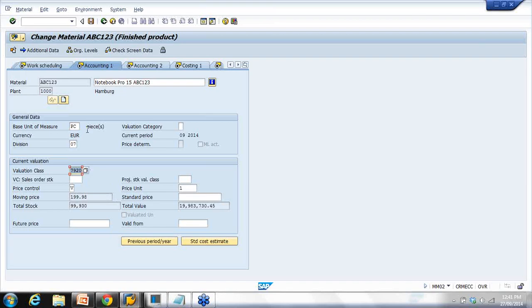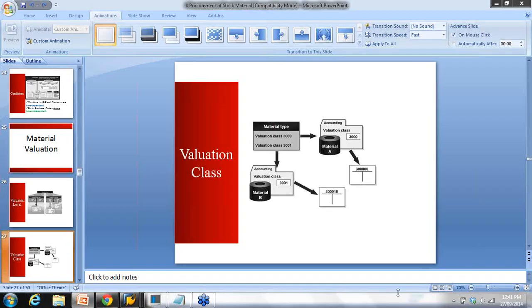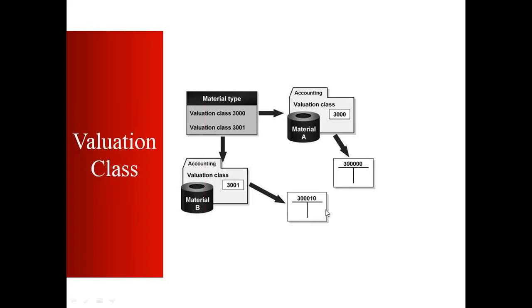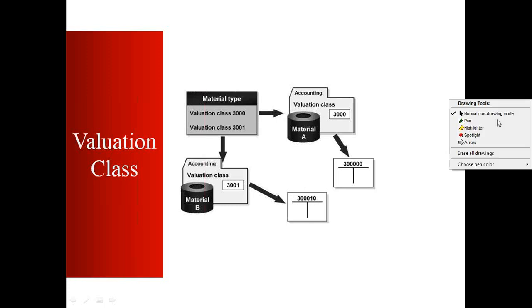Okay, so the only purpose of the valuation class that is linked to a material number is so that the system knows to which general ledger account I need to post it. For example, if material number A has valuation class 3000, the system knows that I need to post it to general ledger account number this, which is linked to this valuation class. For the second material, if the valuation class is 3001, the system knows that I need to post it to this general ledger account, because that general ledger account is linked to that class.